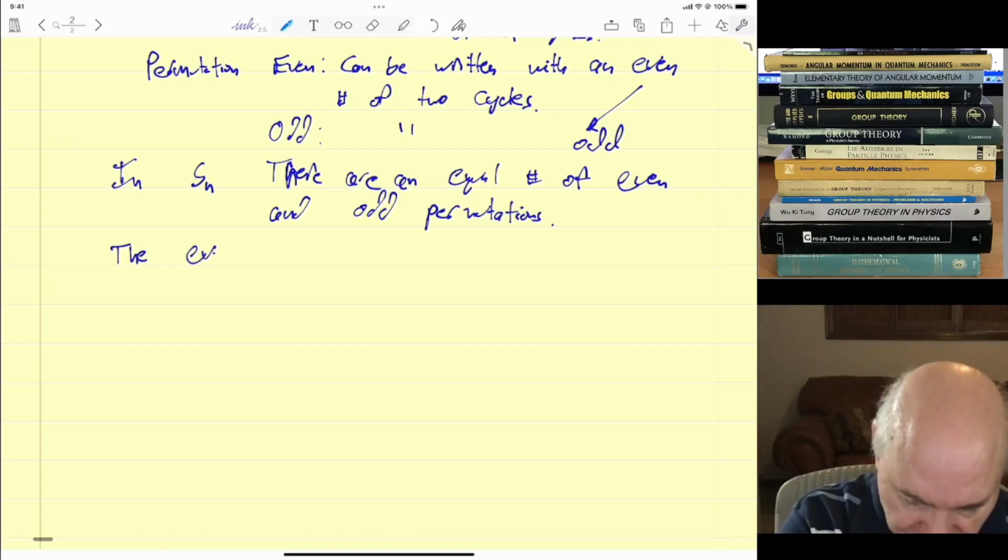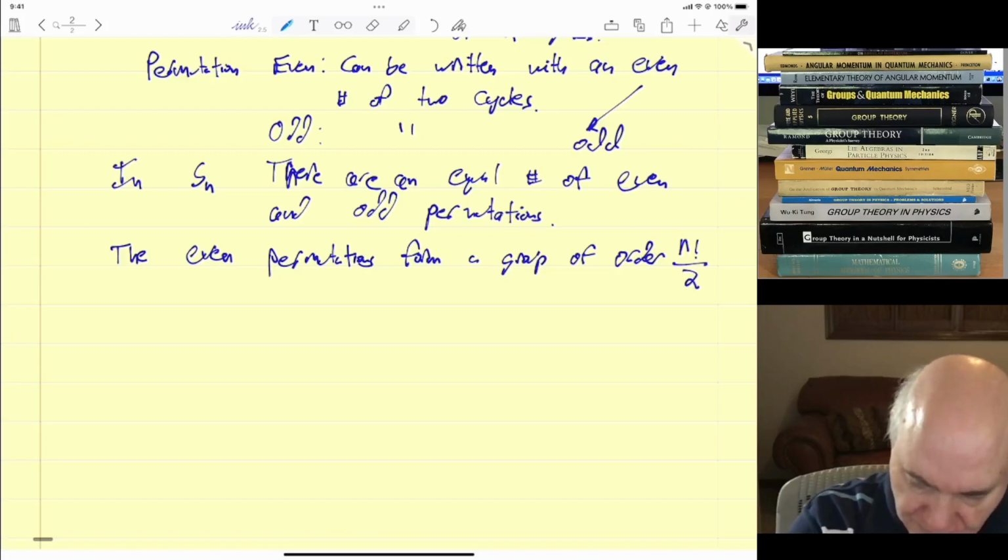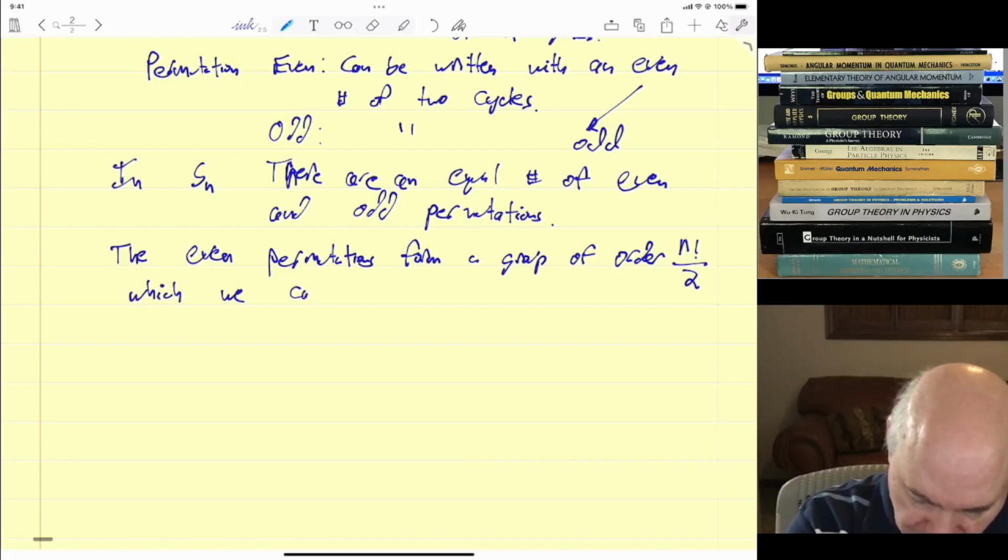The even permutations form a group of order n factorial over 2, which we call the alternating group A_n, and these turn out to be very important groups.